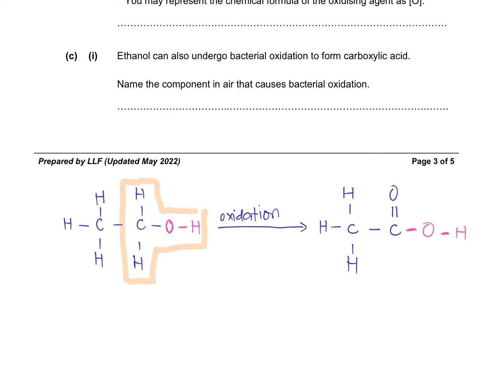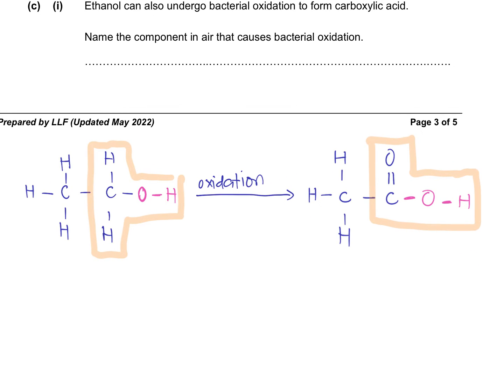So now the structure looks like this. Tell me what's the difference between these two structures? Okay, gain how many oxygen? 1. Lost how many hydrogen?